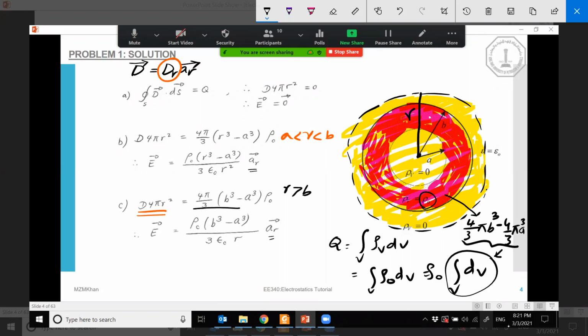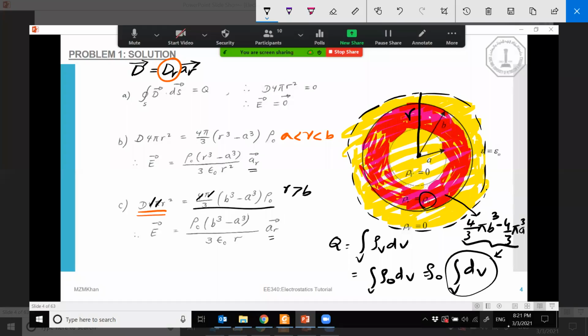So if you see, it is 4 by 3 pi times B cubed minus A cubed times rho 0, and this is 4 pi R squared. Again, 4 pi cancels. And therefore, you get rho 0 times B cubed minus A cubed over 3 epsilon R. R or R squared, Jackson? Just a second.